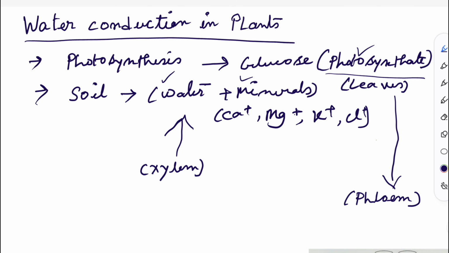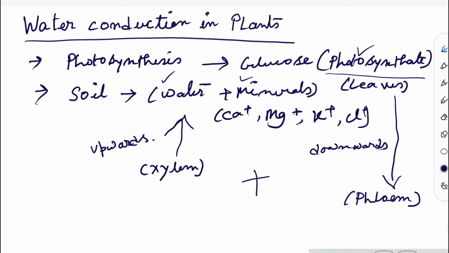That is why I have said earlier also that phloem's movement is always downwards, and xylem's movement is always upwards. Xylem and phloem together act like pipes which can transport water, minerals and photosynthate both.